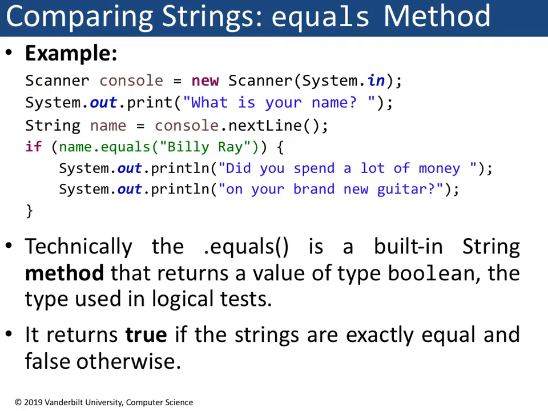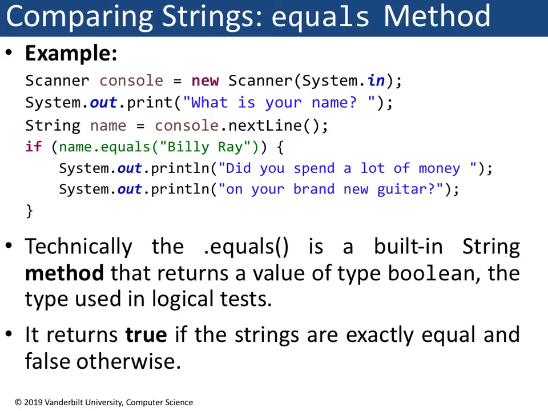We declare a scanner called console, and then we use a print line statement to ask what is your name. Then we have declared a variable which is of String type, called name, and we are assigning it the value which is returned by the nextLine method of the console, which is a scanner.